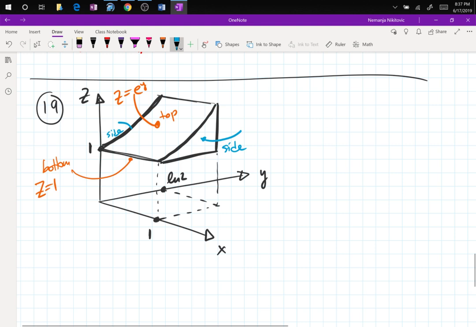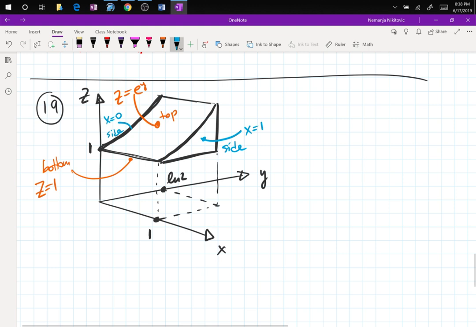So what are my sides? Can anyone tell me the equations for the sides? X equals 0 and x equals 1. Excellent. X equals 0 in the back, x equals 1. Those are planes.